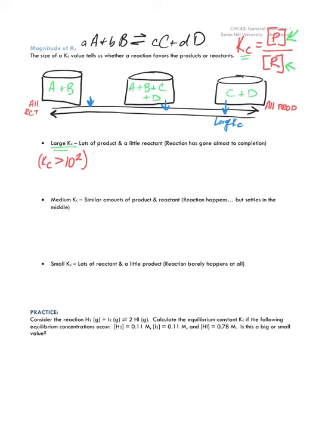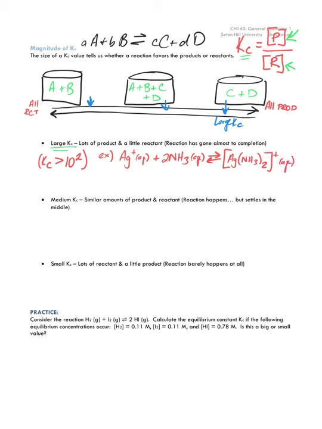An example of a reaction with a large Kc value is the reaction between silver ion in solution and ammonia in solution. So this reaction forms something called a complex ion, Ag(NH3)2, and that whole thing has a 2+ charge.